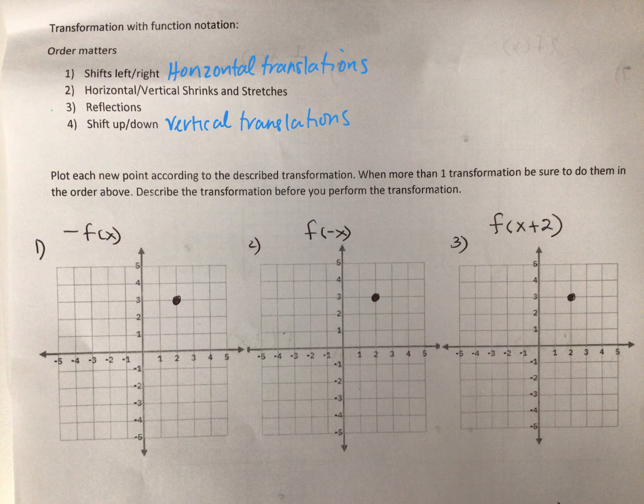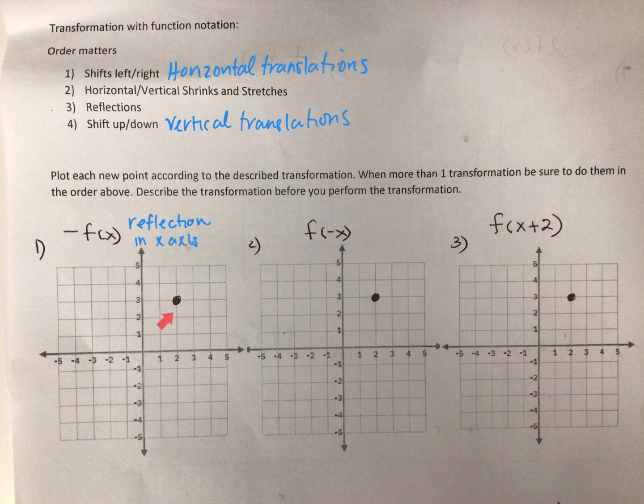Okay, so what does the negative outside the function do? It reflects it in what axis? In the x-axis. So, reflection in the x-axis. Right? The negative on the outside makes the y value negative, so it reflects it in the x-axis. So where is this new point going to be?